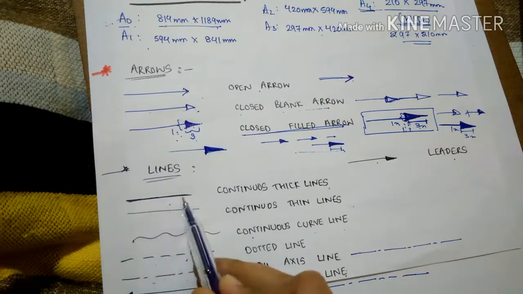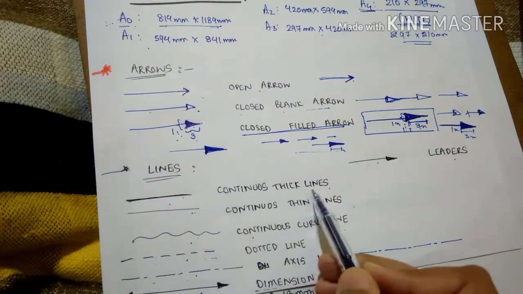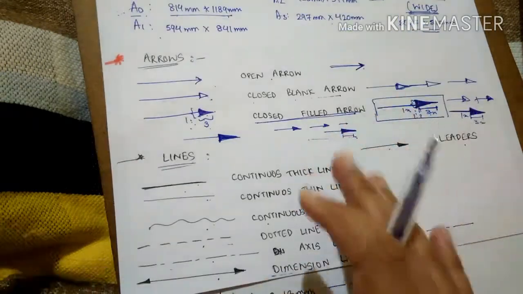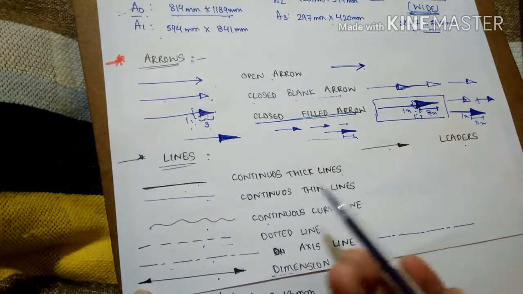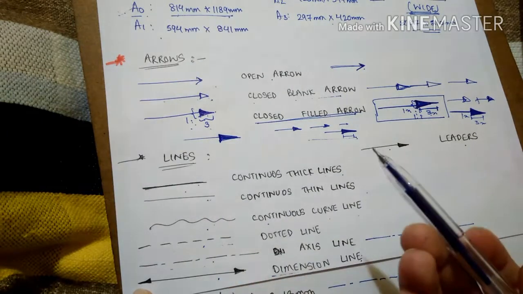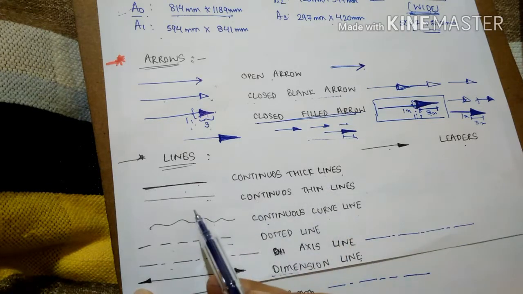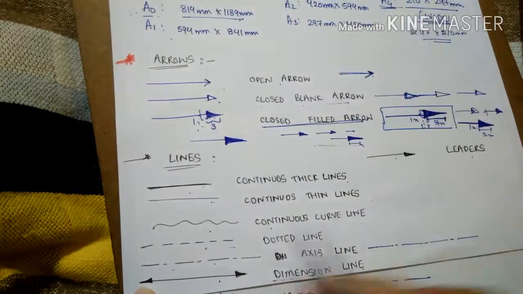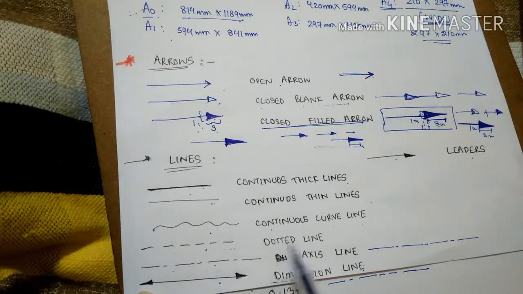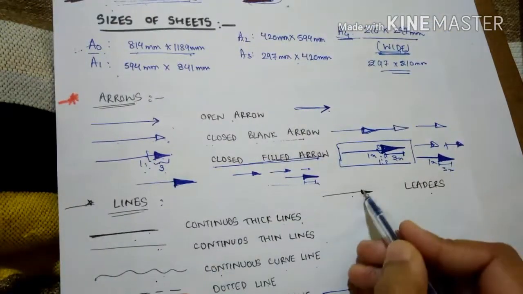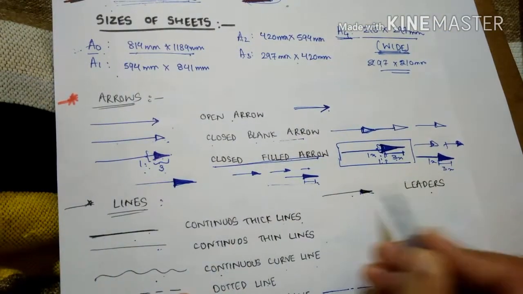That gives you marks. And thick lines, I told you where to use them: to draw the true final image, done in thick lines. It will be more clear when I teach the other topics. Continuous thin lines are for normal drawing, basic squares. Curved lines in development. Dotted lines to show the imaginary things. Axis lines to draw the axis. Dimension lines to mark the dimension. Leaders to show the path of the lines or the way you are doing.